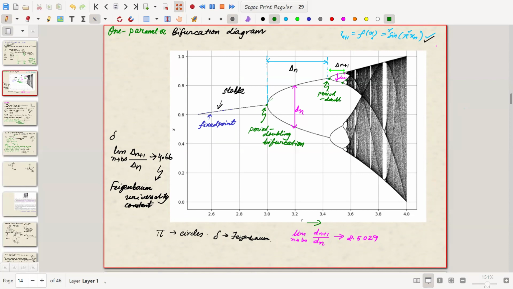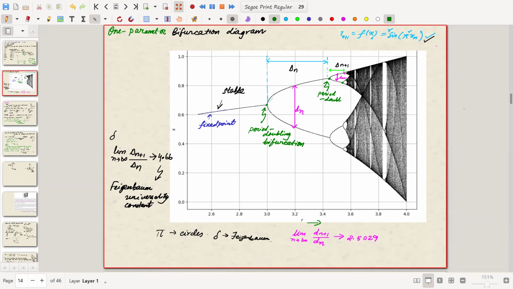Now I ask you how you find the stability of a periodic orbit. Now we are stepping one step up. Stability of fixed point is done. Now how can you tell that a period 2 orbit is stable, or a period 4 orbit is stable? Stability of periodic point. This is a very nice concept.